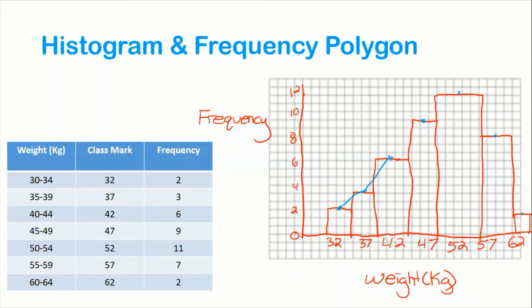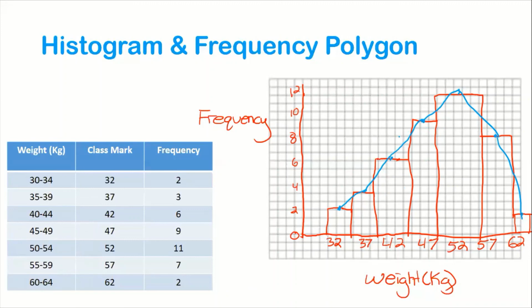Now it's important to note that these lines are not going to be smooth symmetrical lines, right? Because our graph is not a smooth symmetrical graph. So this here is our frequency polygon in blue.